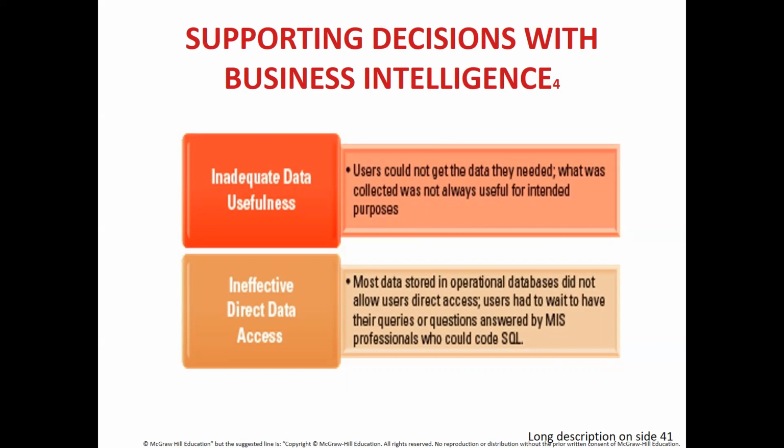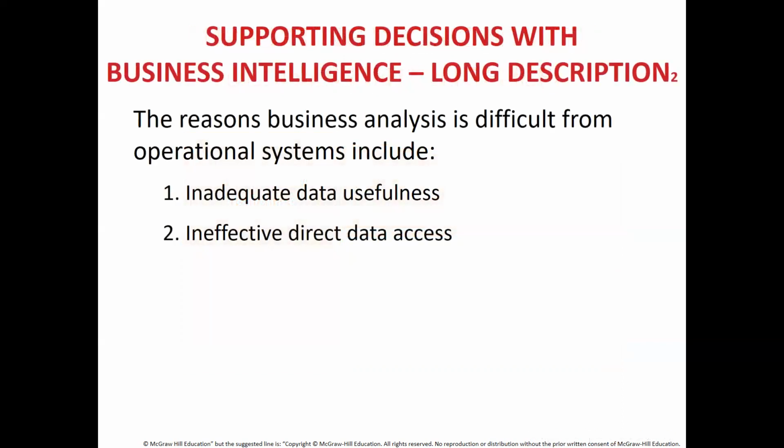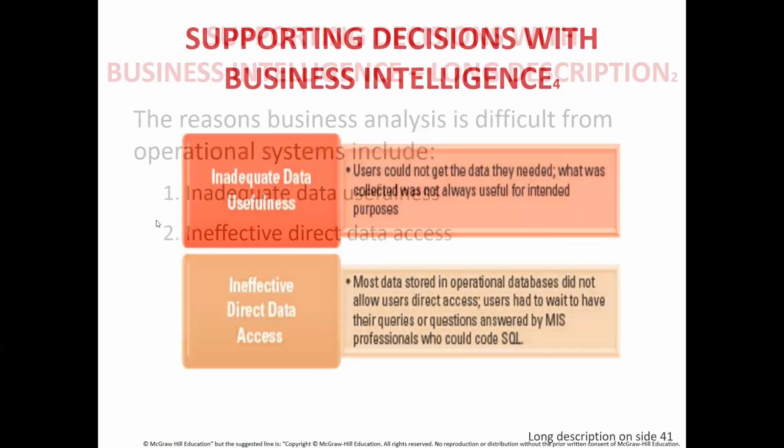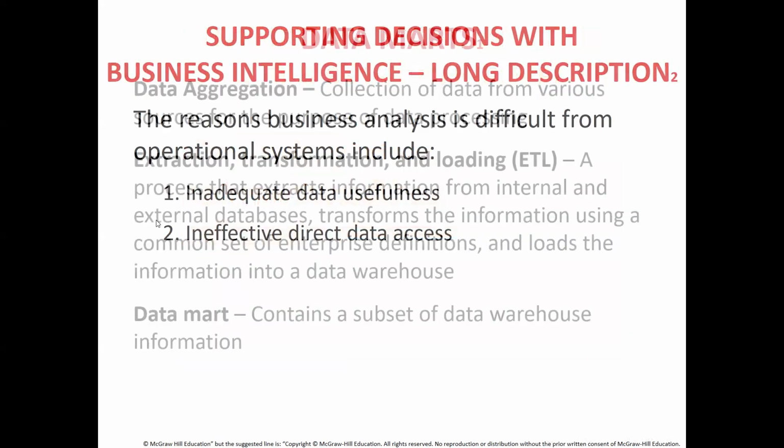Why? Because of access controls, and therefore decisions could not be made easily. So the reasons business analysis is difficult from operational systems include inadequate data usefulness and ineffective direct data access. These are, by the way, what we had looked at previously.